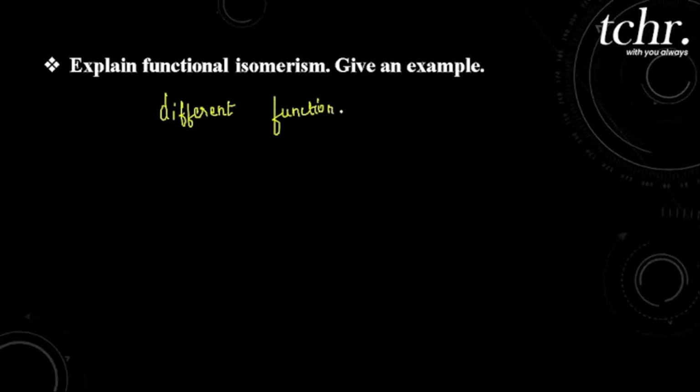This is the explanation you will give. Having the same molecular formula but different functional groups is known as functional isomerism. And when an example is asked, you have to be ready to write one or two examples.